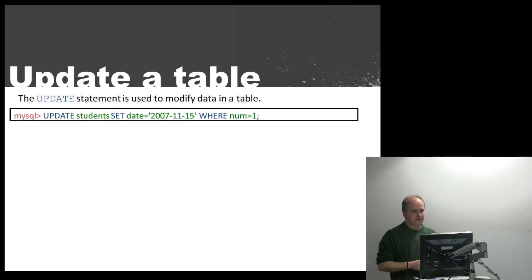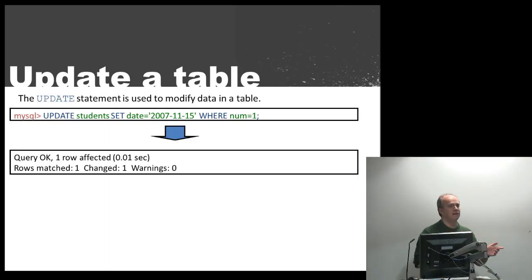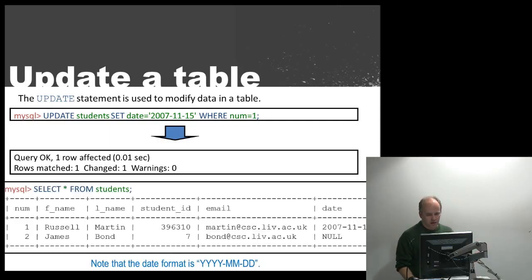We are going to set the field date to that value, and we only put it where num, so that's when the index is 1. The index is unique to one instance, so only one row is changed. And if we display the table, you can see that 1 has been changed.